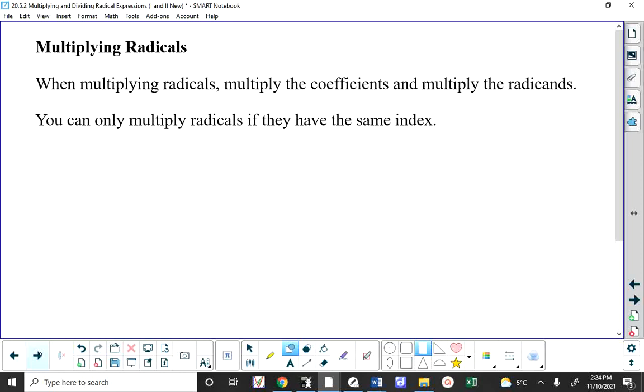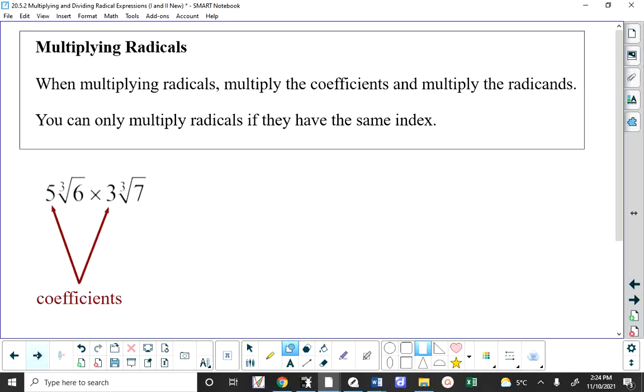What does all this mean? Well, if I look at these two radicals, 5 cube root 6, I'm going to multiply it by 3 cube root 7. The 5 and the 3 are coefficients. That's what a coefficient means. It's a number that's being multiplied by the radical. On the other hand, the 6 and the 7 are radicands.